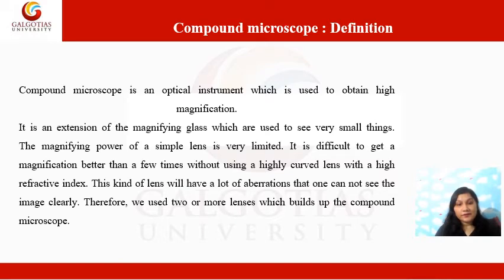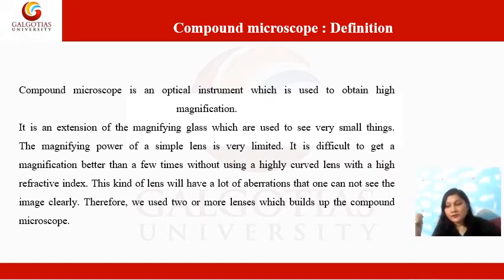The magnification power of a simple lens is very limited. It is difficult to get a magnification better than a few times without using a highly curved lens with a high refractive index. This kind of lens will have a lot of aberrations so that one cannot see the image clearly. Therefore, we use two or more lenses which build up the compound microscope. Let's explain this with an example.